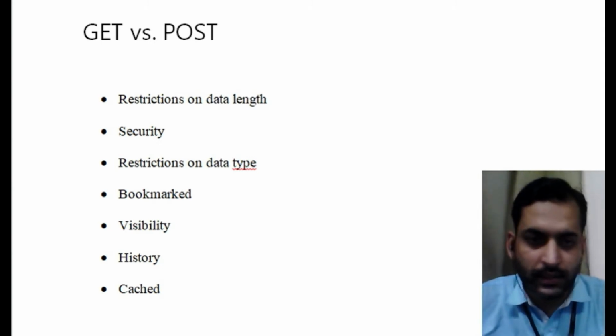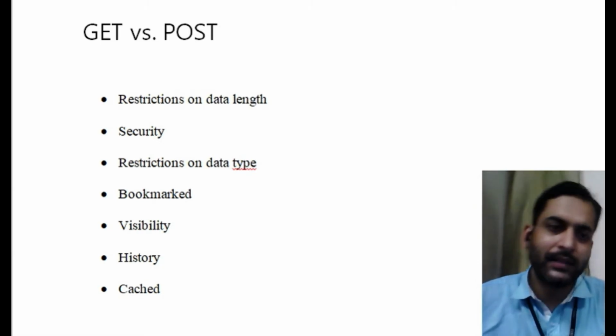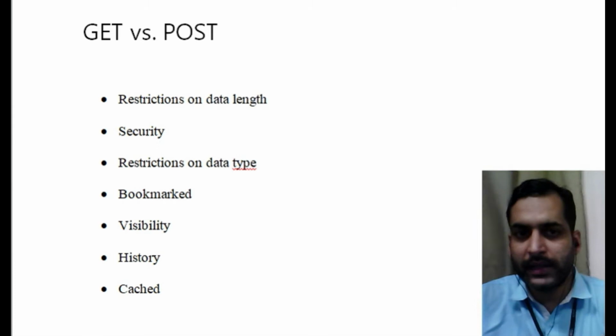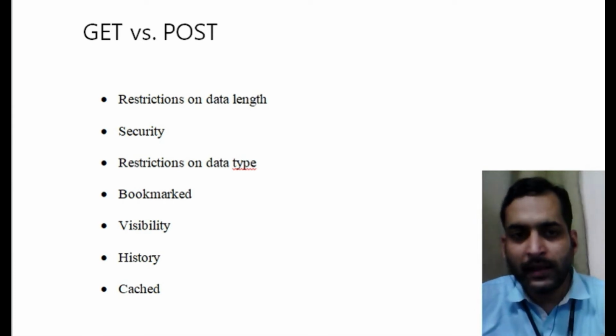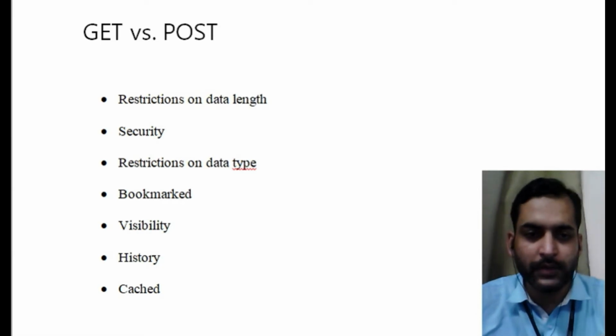Then the next parameter is visibility. I have already discussed that the data sent through the get request is visible to everyone, and so it should not be used to send the sensitive information.